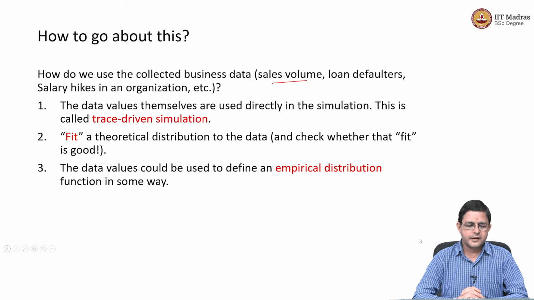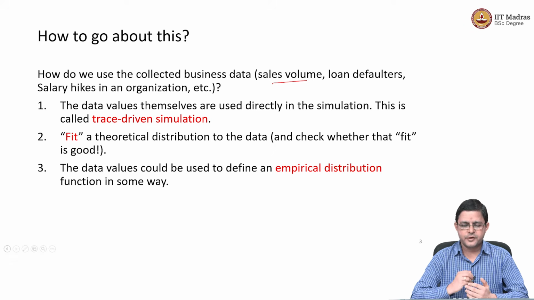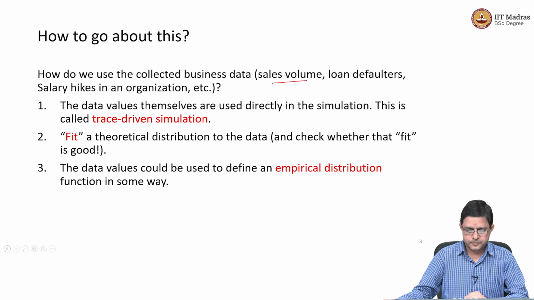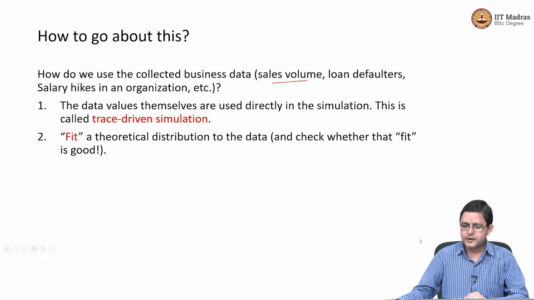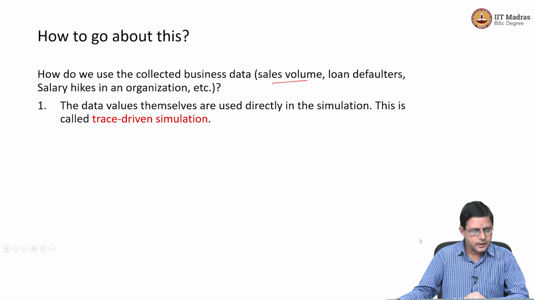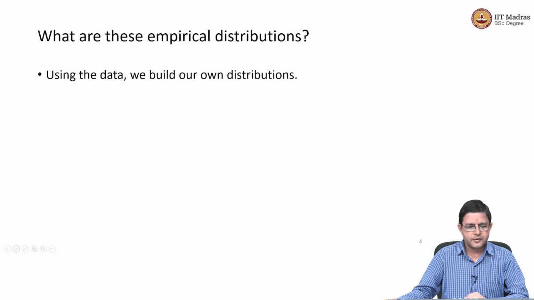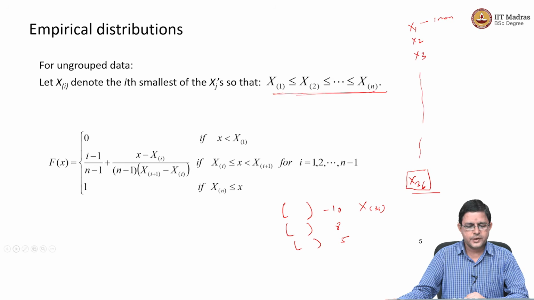None of the distributions amenably fit the data, and therefore I want to define my own distributions, and therefore we got into the empirical distributions. So, these are two examples of how to build empirical distributions from the data that we have.